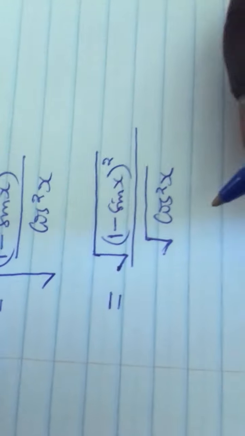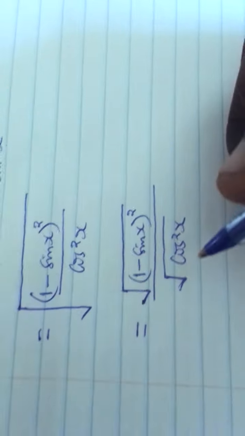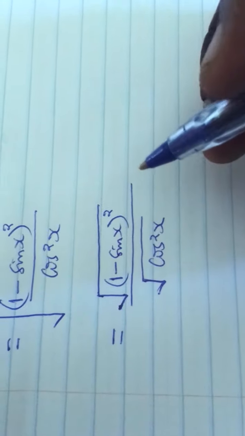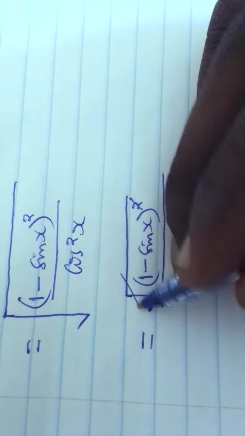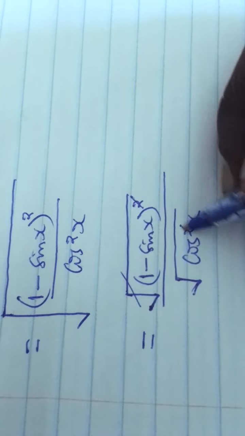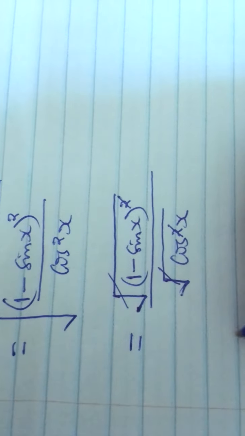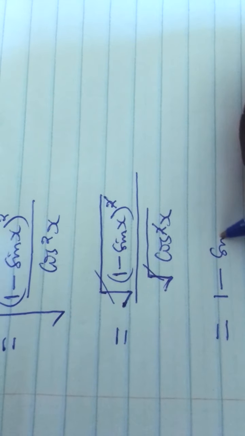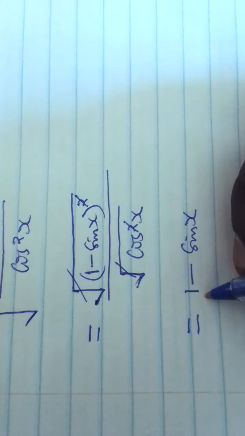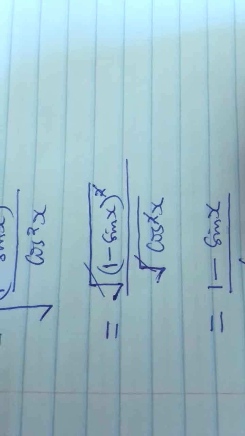And another thing I want to clarify, I'm going to clarify at the end after finishing this. Now, this square will go with the root, and also this square will go with the root. So we shall have 1 minus sine x over cos x.